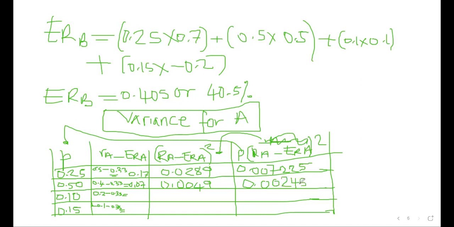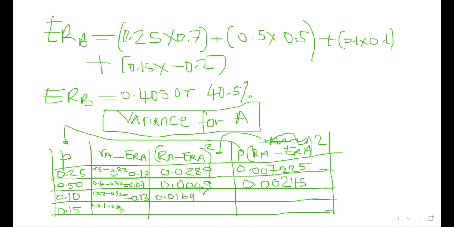Then the other one will be 0.2 minus 0.33, which is negative 0.13. Then you square this answer, giving us 0.0169.